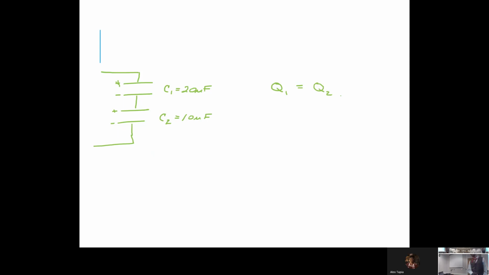The question I would like to ask is, how does the potential drop across the first capacitor compare to the potential drop across the second?